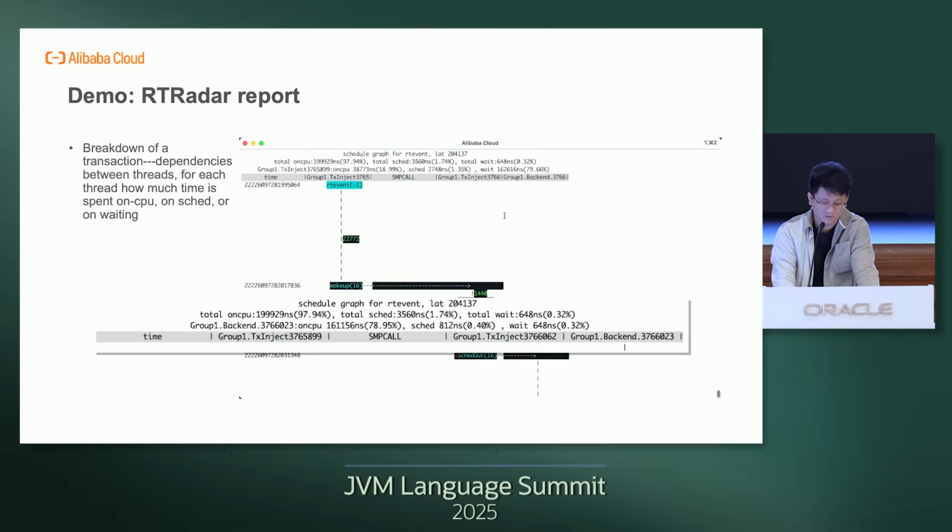There are 2 injectors and 1 backend. And you can understand, for each thread, how much time is spent on CPU, on scheduling, and on waiting. It's all shown on the top rows.